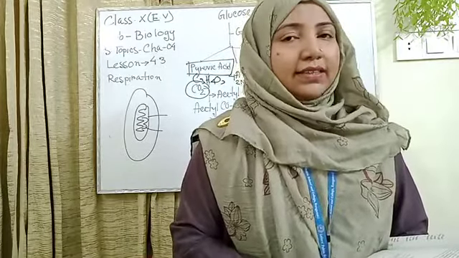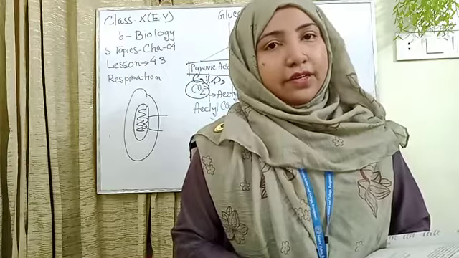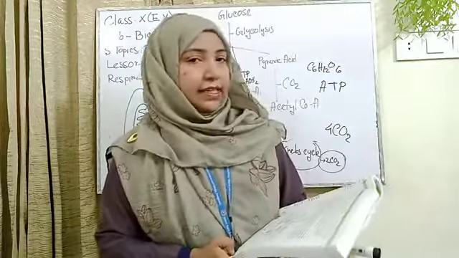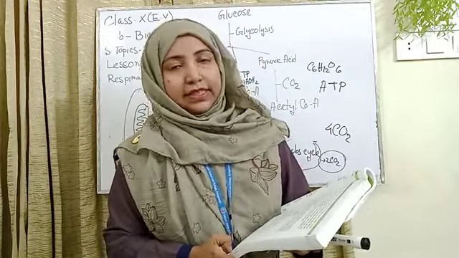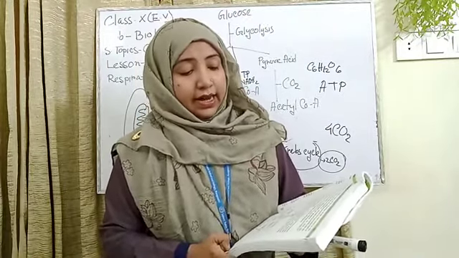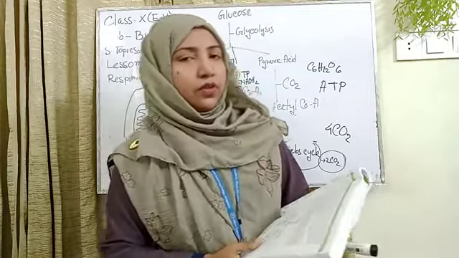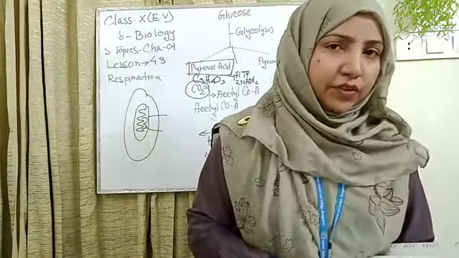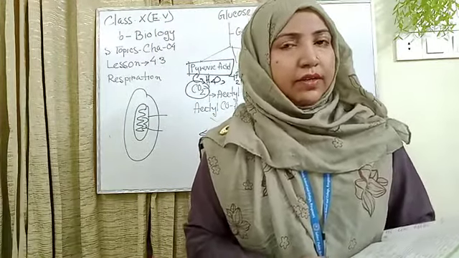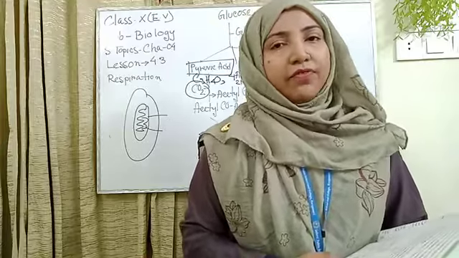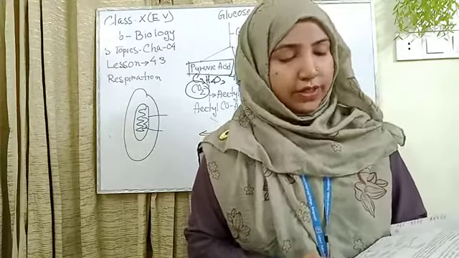The next and last stage is the electron transport system. In this stage, NADH plus H plus reduces NAD and FADH2 reduces FAD. The full names are nicotinamide adenine dinucleotide and flavin adenine dinucleotide.